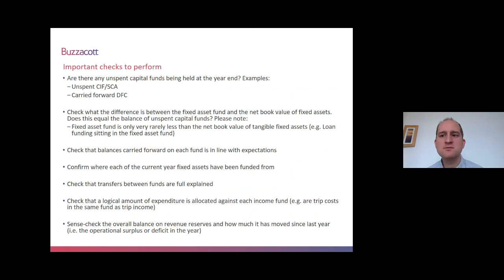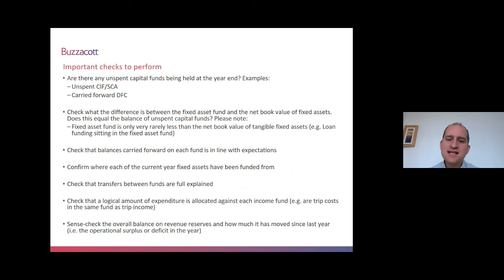So in Coketown's example, we'd have a balance of fixed asset additions for the year, and then we go through and say, well, 10,000 was funded from GAG in that case, 200,000 was funded from SIF money, etc., and go through it and make sure it's all accounted for and reconciled back to the accounts.